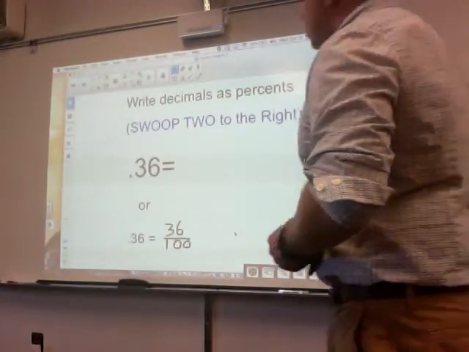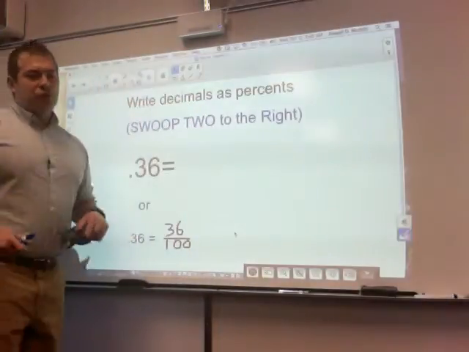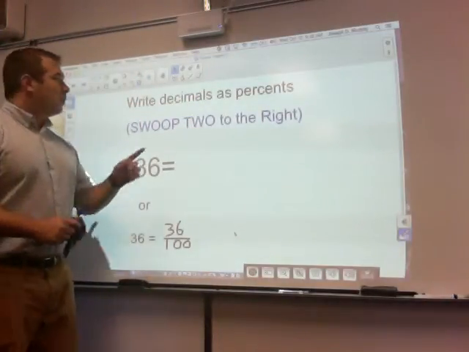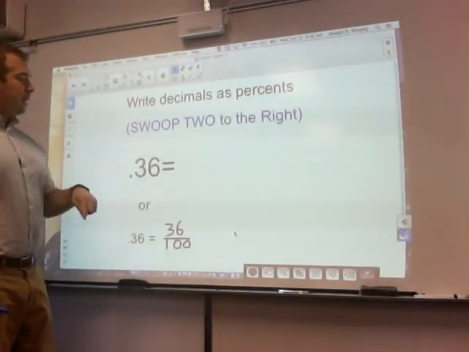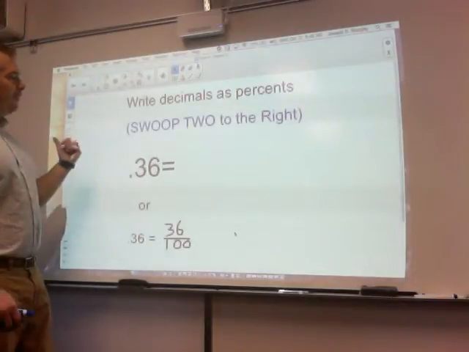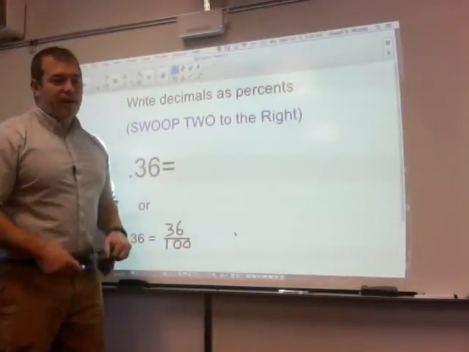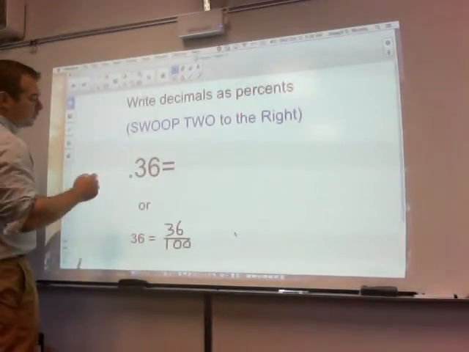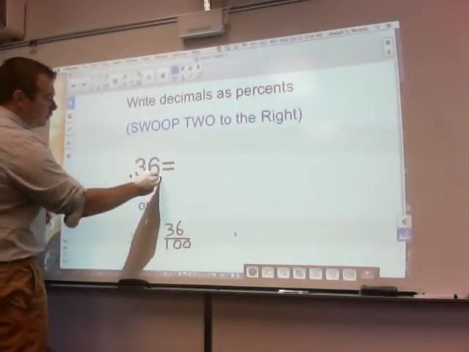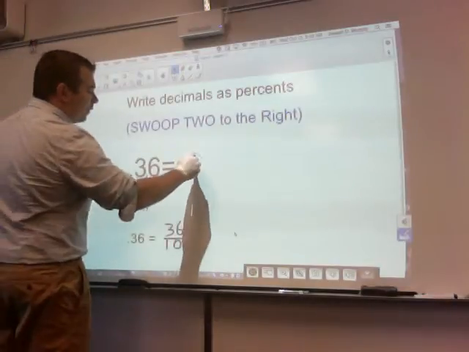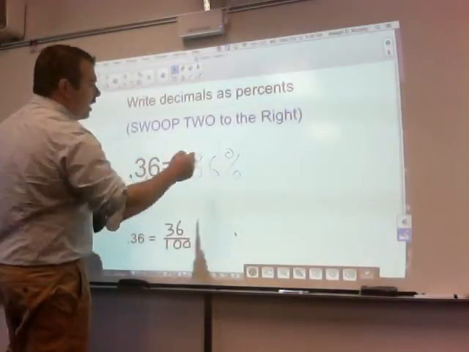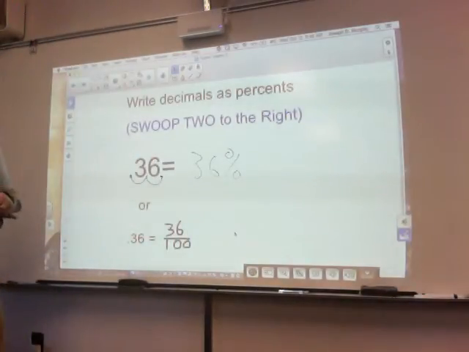But now, this is going to be extremely hard, or quite the opposite. We're writing decimals as percents. So we swooped 2 to the left before. Now when decimals are going back to percents, we just swoop to the right. All right? So 1, 2, and then I have 36%. You have to remember to add the percent sign in afterwards.